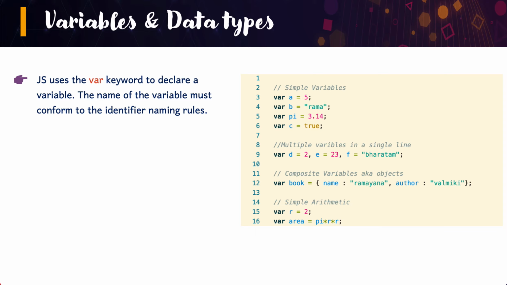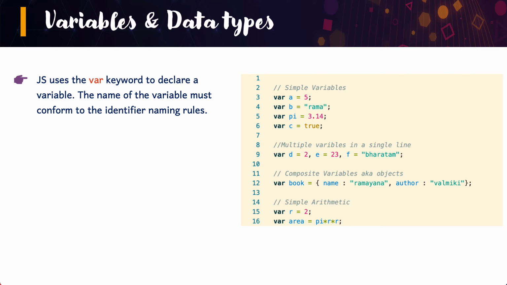So int is a data type, I is the identifier name, and 5 is the initial value to be assigned. JavaScript does not have explicit data type assignment. Rather, all variables are declared with the var keyword. In later JavaScript specifications, there is a let keyword also that can be used, but for our purposes, we'll just use the var keyword.